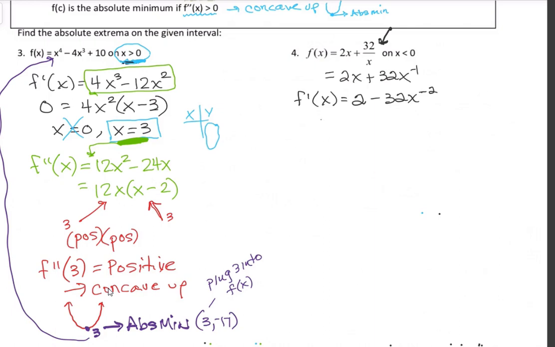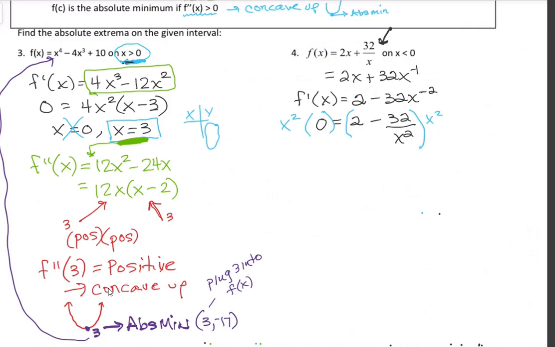So I'm going to rewrite that derivative as I set it equal to 0. I want to drop that x squared back to the bottom so that I can solve that rational equation for x. So to solve a rational equation, we're going to multiply everything by x squared. So I'm going to take this entire side of the equation and multiply by x squared, and I'm going to multiply that 0 by x squared.